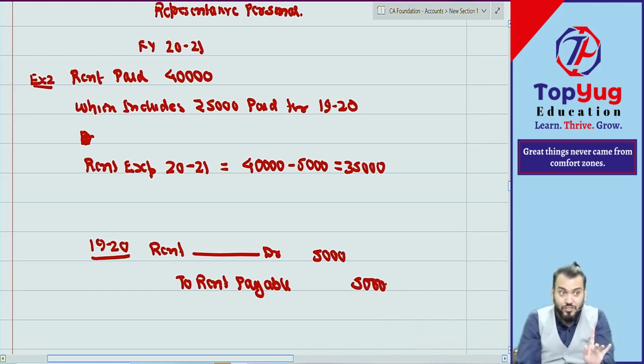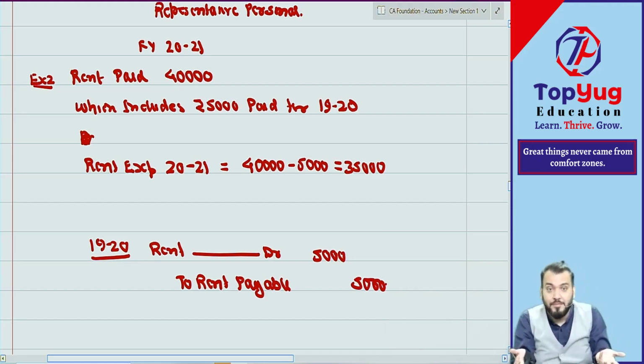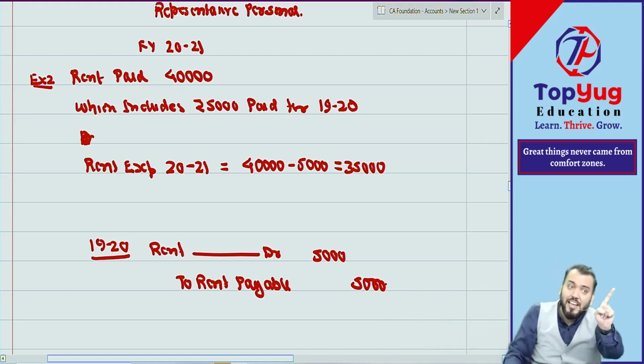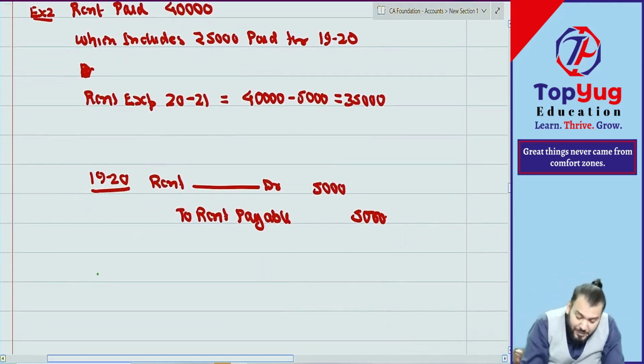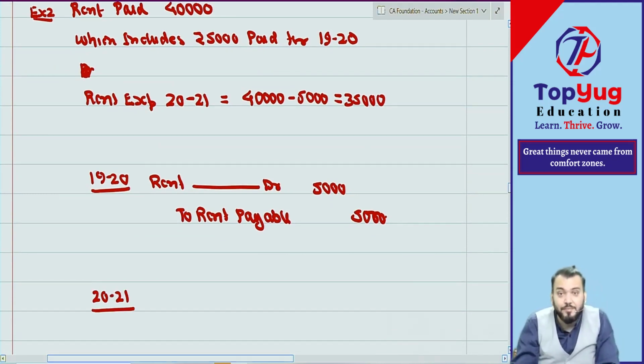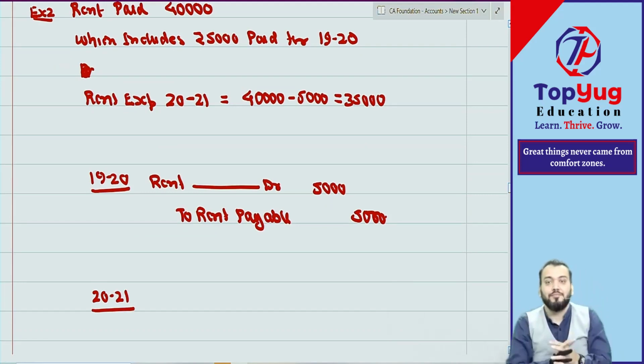I am asking the next question. Excellent. Perfect. This is the concept. Already this journal entry has been done in 1920. Now, can you give me, for 2021, what will be the journal entry? Then it will be fun. What will be the journal entry for 2021?